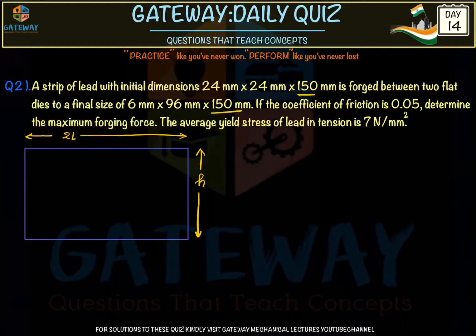Whatever we are talking about in forging, the load, the stress varies in this way. It will vary parabolically to the center, and again reduce parabolically to the ends, and there are cases of sticking and slipping. If there is sticking, there will be some part of stress, so it will initially have some stress. If there is no sticking, it will start from this axis. So here we need to check for sticking first, whether any sticking length is possible. If there is a sticking length, then you need to start our line from here.